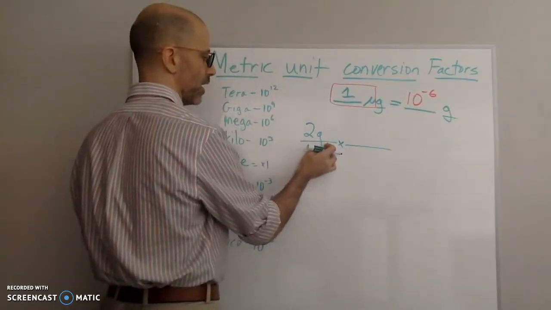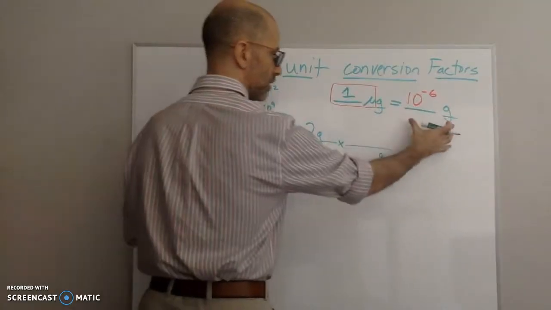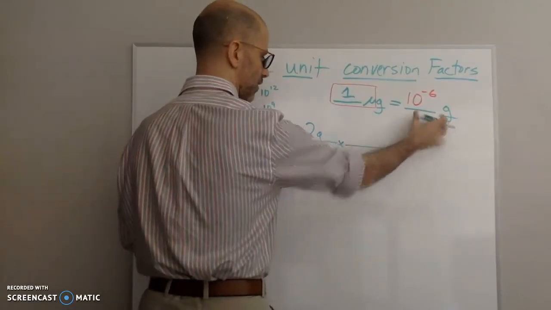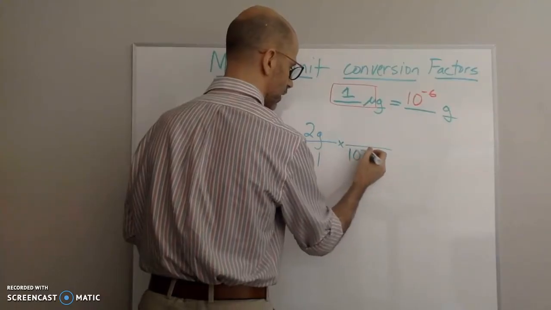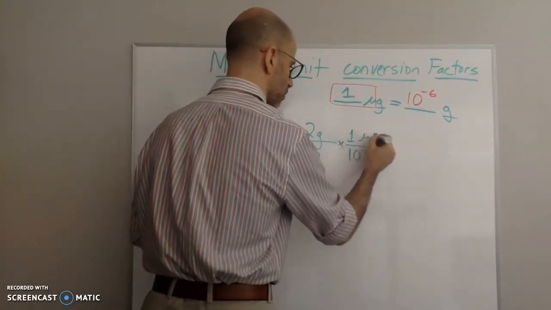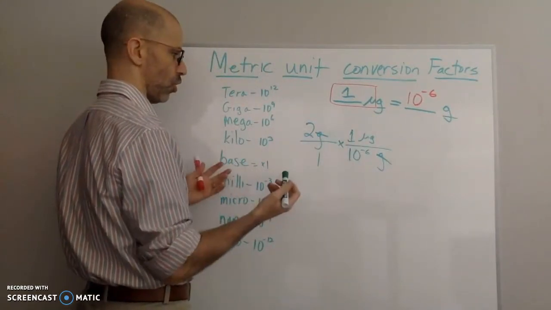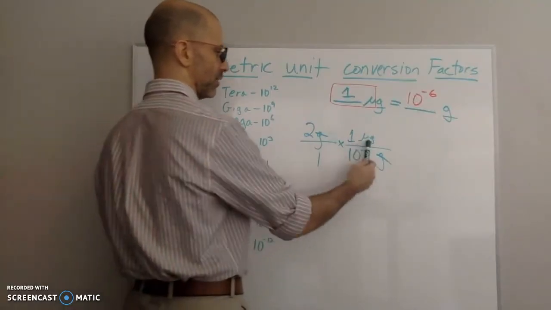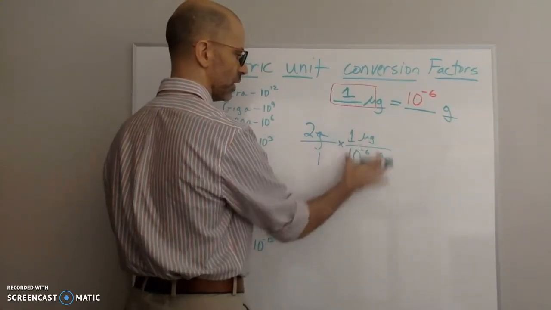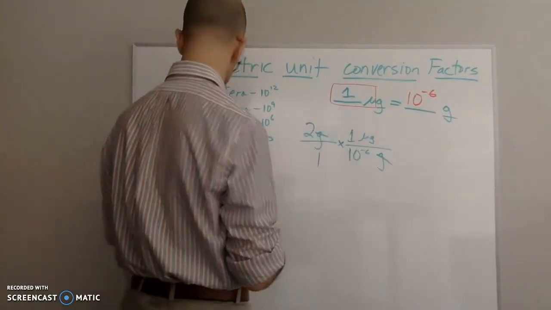I have grams on the top, so I'm going to put grams on the bottom to cancel out. So that means this side goes on the bottom because I need grams on the bottom. This side has grams. So I'm going to take 10 to the negative 6 grams. And then the other side goes on top, 1 microgram. So the grams cancel out. I have micrograms on top, so I've done this right. When I get the unit that I want on top, I stop. And so this would be the conversion factor I would use to convert grams to micrograms.